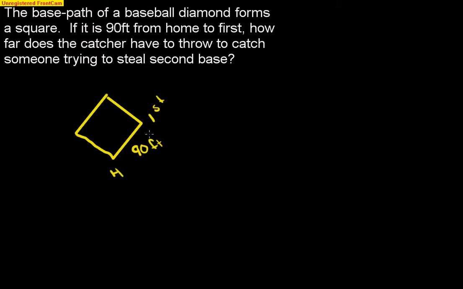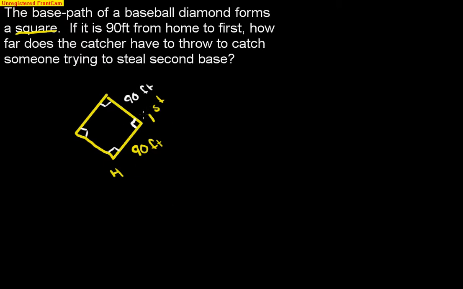So it does say that we have a square, of course, and so if we have a square, that's going to indicate that this is going to form, as will all of these, 90-degree angles. So from that, we can assume that because it's a square, if it's 90 feet from home to first, it's also going to be 90 feet from first to second.